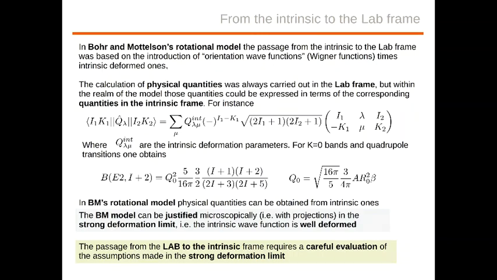By using these ideas, one has to integrate over the orientation wave functions. Within this model you can compute physical quantities given in the laboratory frame. In this case, you obtain expressions like this one that I have directly copied from the nuclear many-body problem book by Ring and Schuck, where you have this matrix element in the intrinsic frame corresponding to a multipole moment of order lambda.